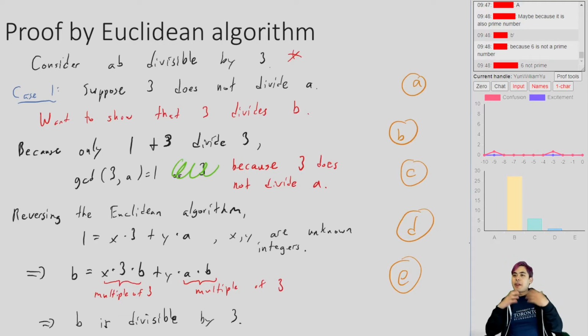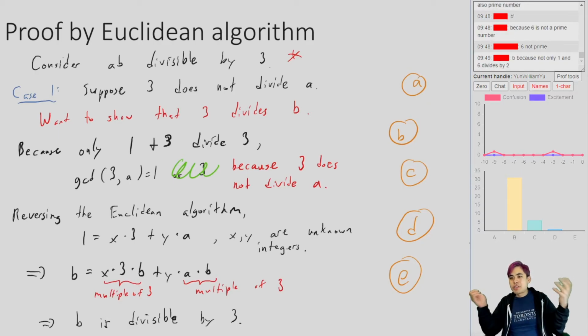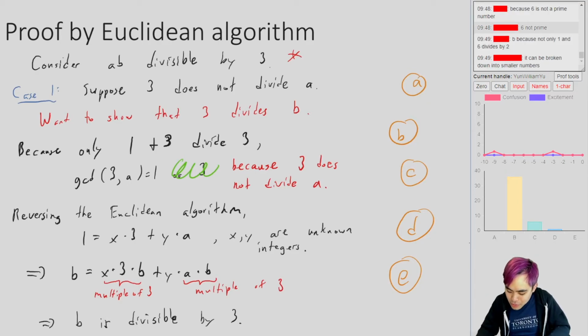So what is true about something that's not prime? Or rather, what is true about a composite number? Yes. Katie is answering B because not only 1 and 6 divide 6. Exactly. So if you were to replace this with 6, you get that 1, 2, 3, and 6 divide 6.